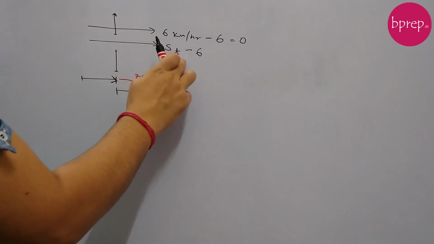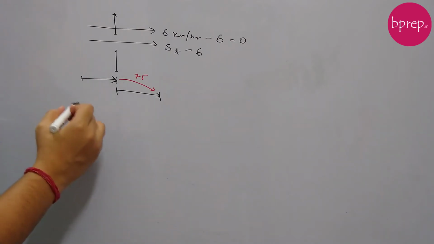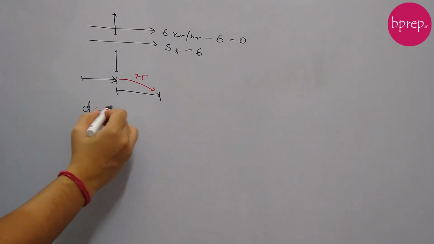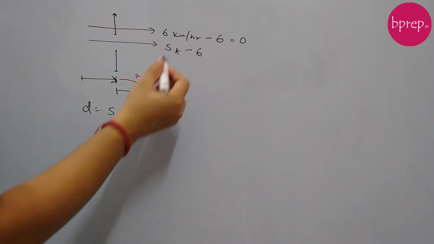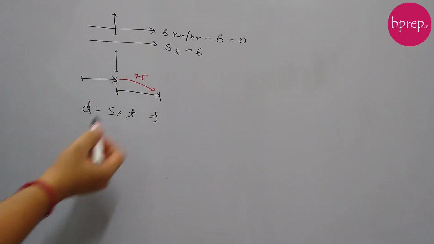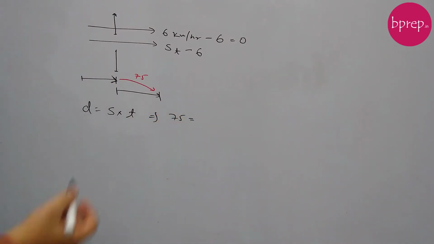So now we have speed, distance and time given in the question. We know distance equals speed into time. So from here, in the first case, distance is 75 meters and speed is st minus 6.